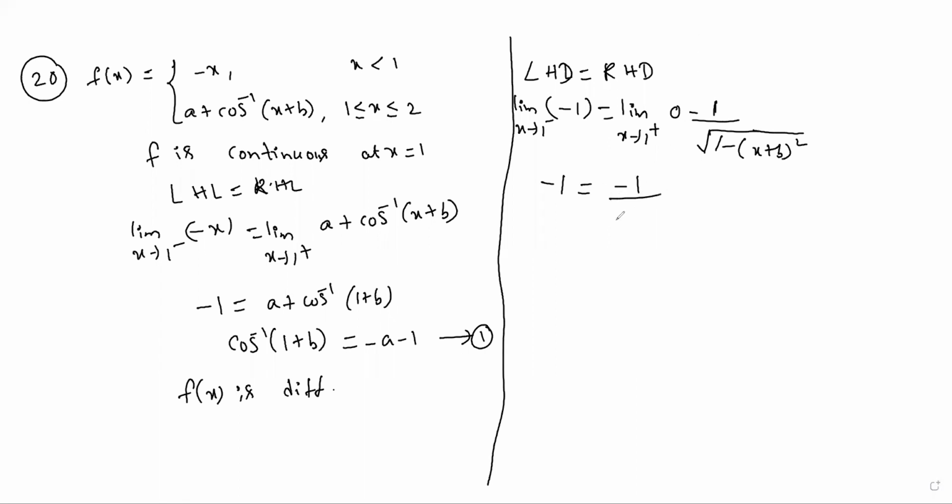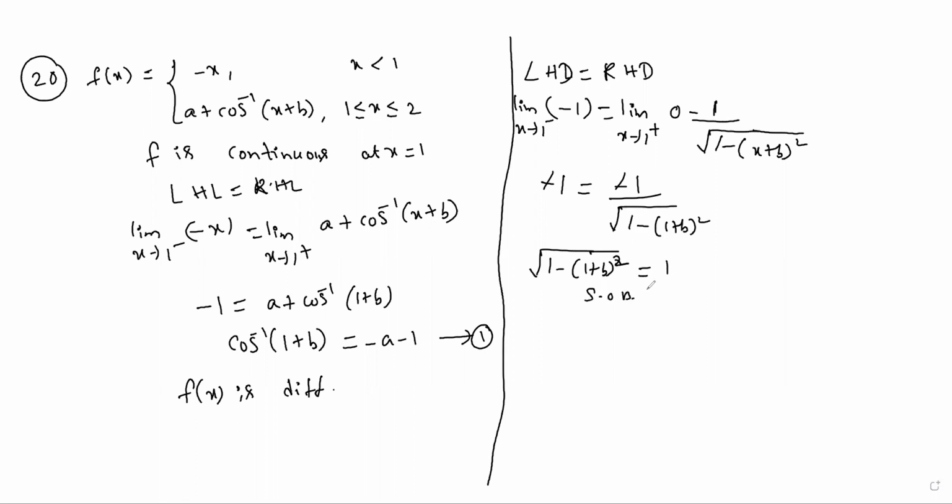It's clearly minus 1 by root of 1 minus (1 plus b) whole square. Here 1 gets cancelled, cross multiply. Square root of (1 minus (1 plus b) whole square) is equal to 1.